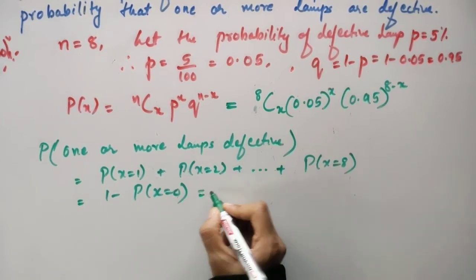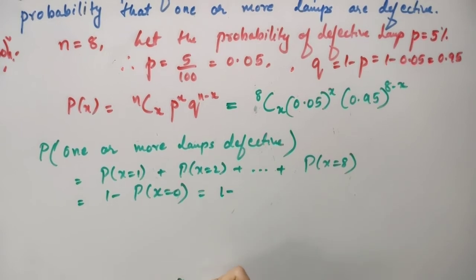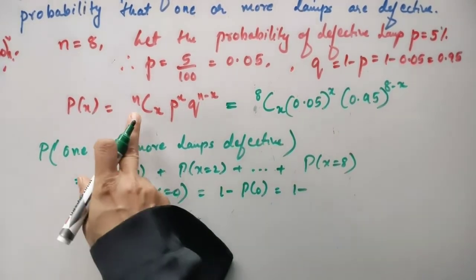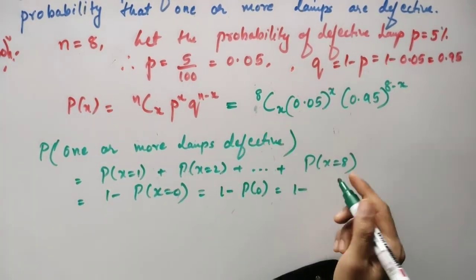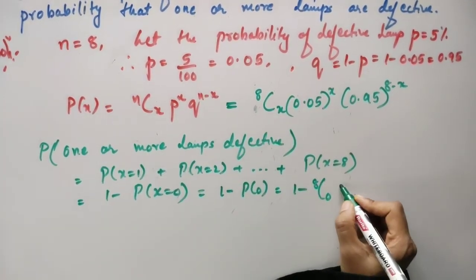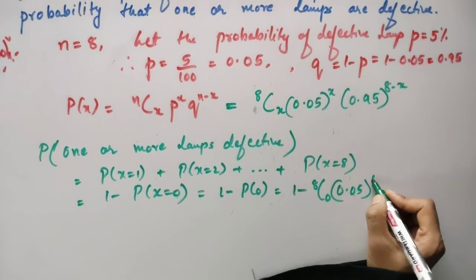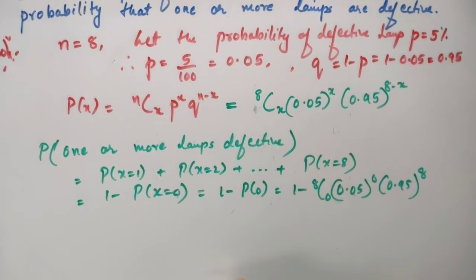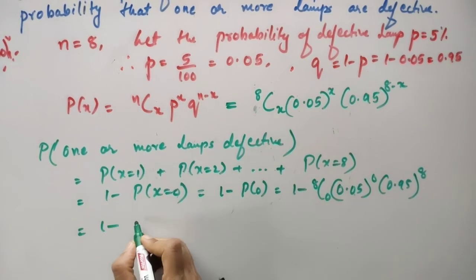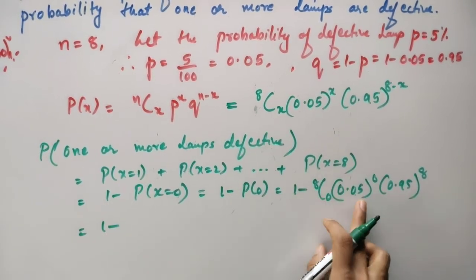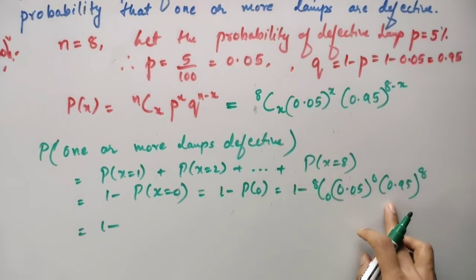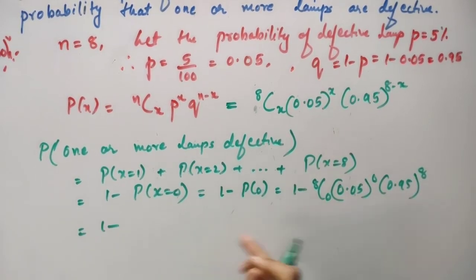So it will be equal to what? 1 minus P of x is equal to 0, or 1 minus, just write here the value of x as 0. So 8C0, 0.05 raised to 0, 0.95 raised to 8 minus 0, which is 8. So it is 1 minus, this is 8C0, which is 1, 0.05 raised to 0, which is also equal to 1, 0.95 raised to 8 you have to work for.